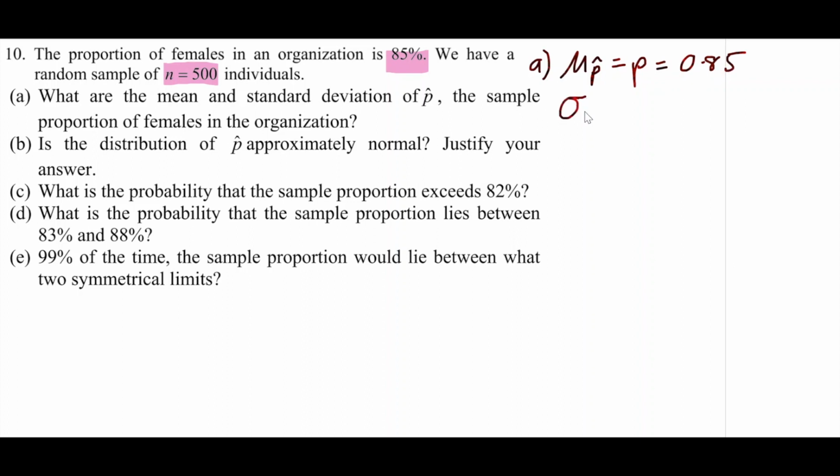The standard deviation of P hat is square root of PQ over N, and P is 0.85. Q would be 1 minus P, 0.15, divided by N, 500. The answer would be 0.016.